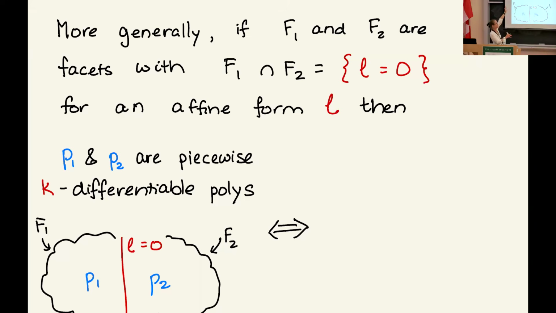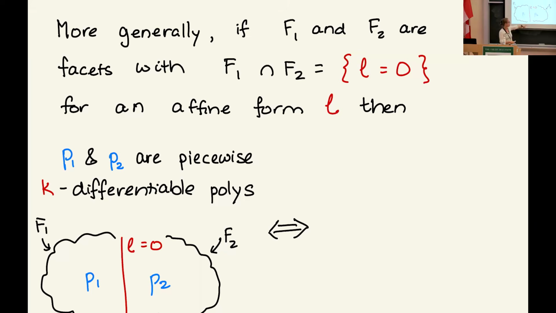You've got some polyhedral decomposition, you've got 2 facets, so maximal dimension faces. Their intersection is characterized by some kind of codimension 1 object with some affine linear form. So it can have a constant, and then all variables are degree 1. Then you have 2 piecewise k differentiable polynomials in this facet.